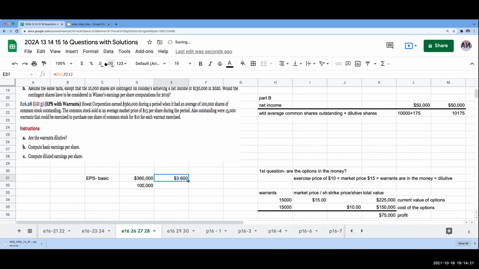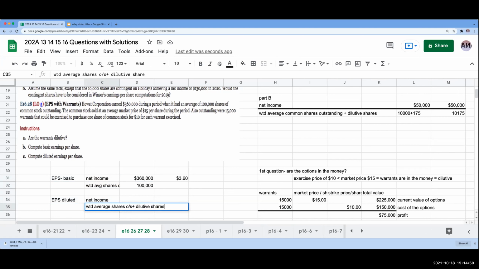Now, in terms of the other part of this, EPS diluted. Again, this right here is my net income. My diluted EPS is going to be my net income over my weighted average shares outstanding plus my dilutive shares.